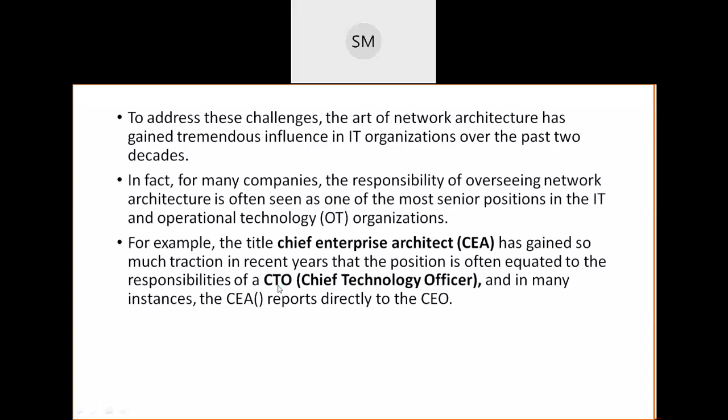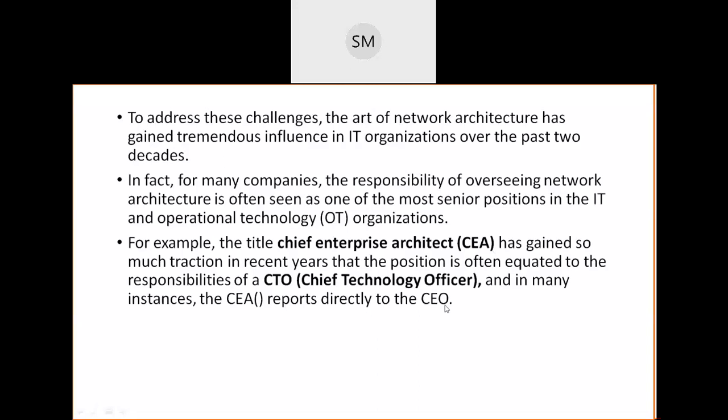What is CTO? Chief Technology Officer. Sometimes CEA is very close to the CEO directly. CEO is Chief Executive Officer, who is the head of the company. So he is very close to the CEO and in direct contact with the CEO.